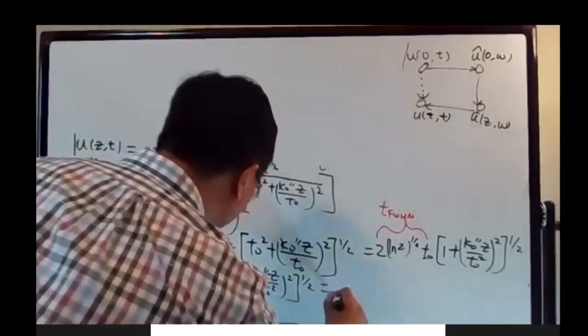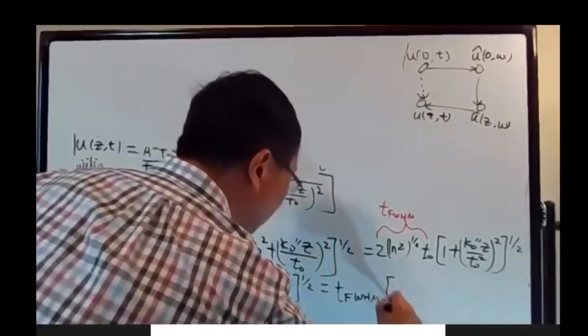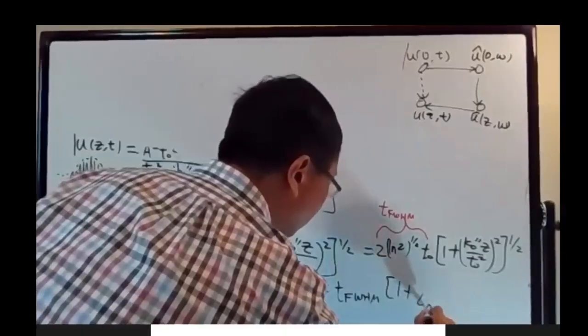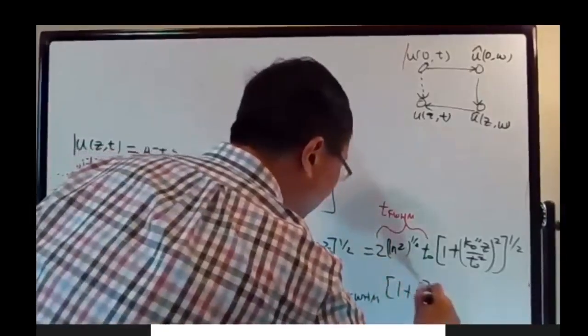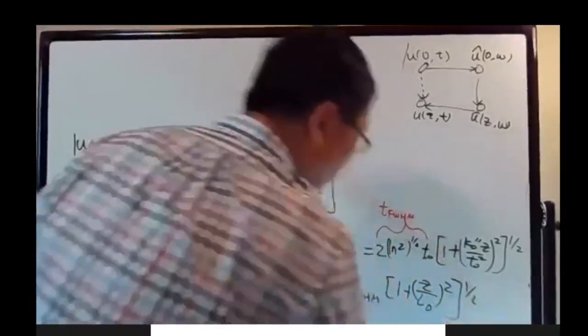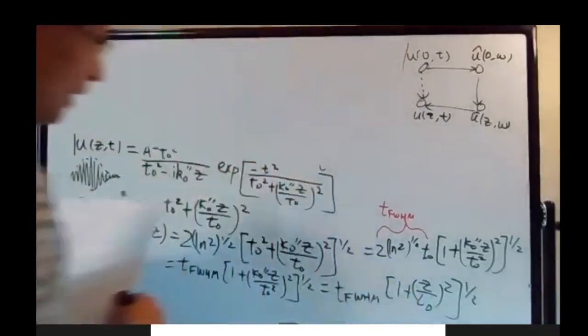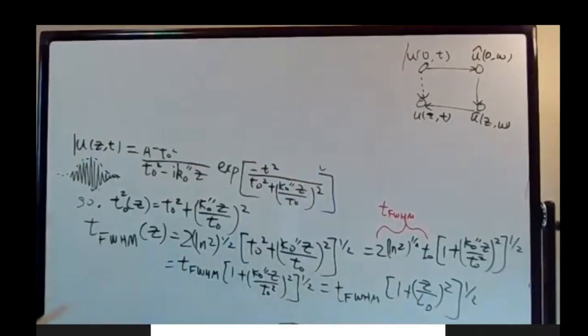So let's rewrite it as T full wave half maximum times 1 plus Z over LD squared, and then take the square root. That's the whole story.